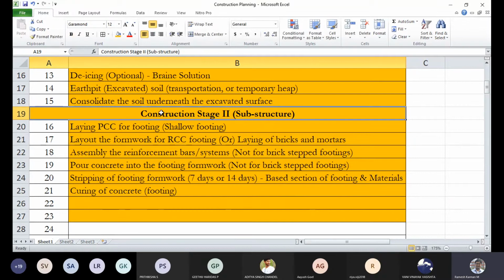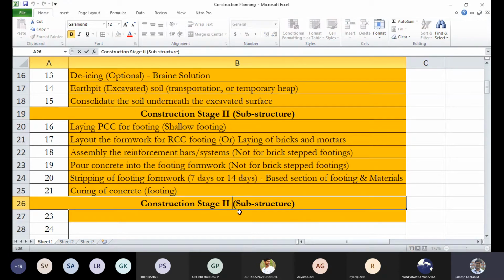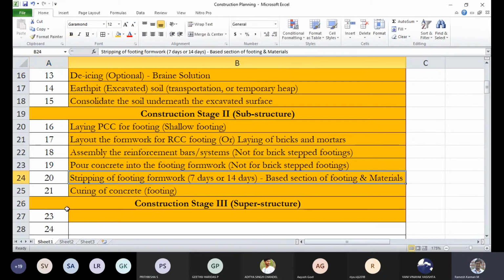And next thing, here probably it's stage 3. It is called the superstructure. Right?